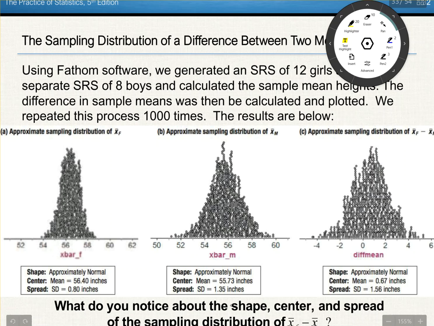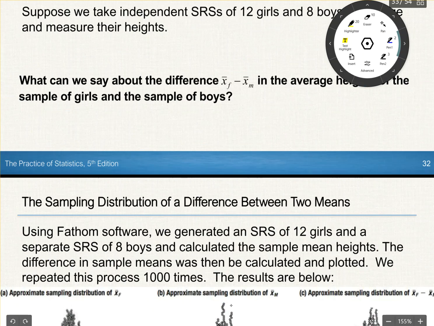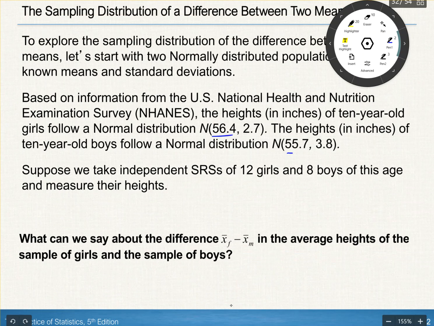Looking at the picture, it looks like the mean of this is a little bit bigger than 0, so the center is a little bit higher for girls, which we expected, probably because of this number being higher than that number.